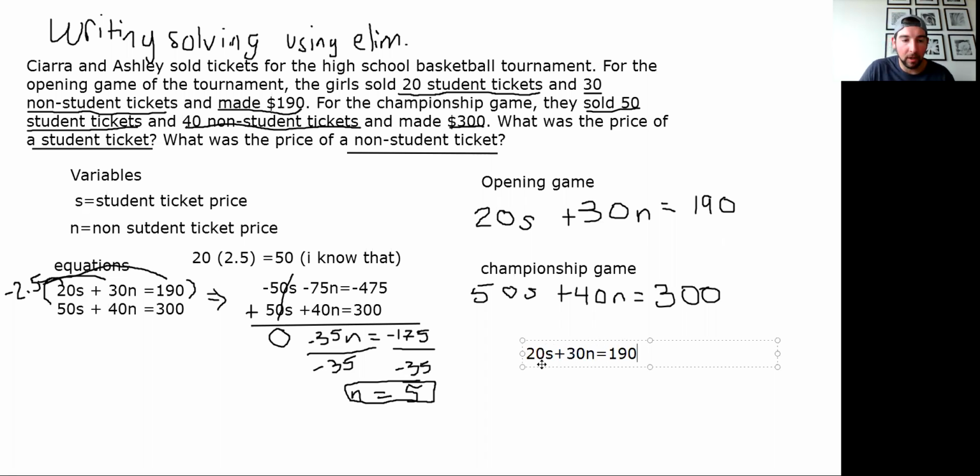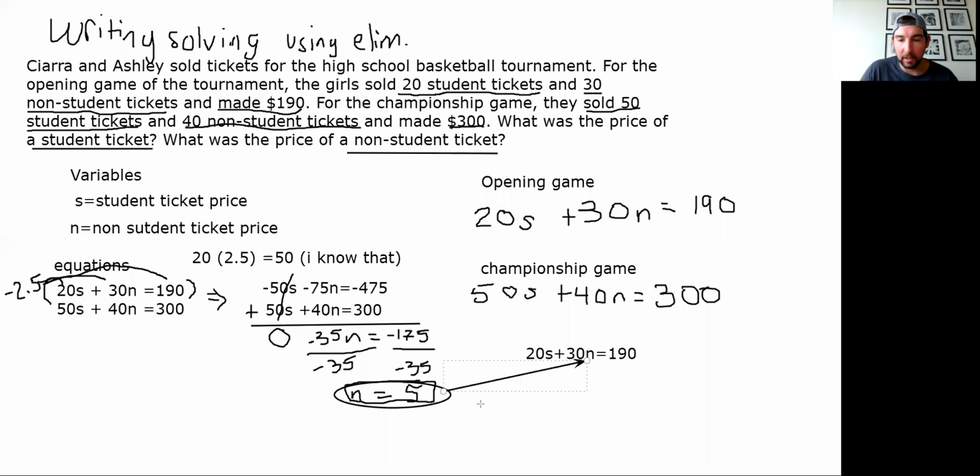All right, I'm going to go ahead and take this 5 right here, and I'm going to plug it in for n in this equation. So once I do that, I can solve for s.